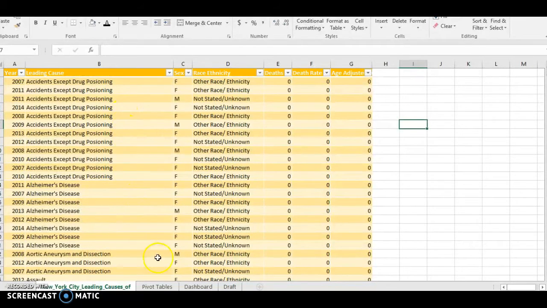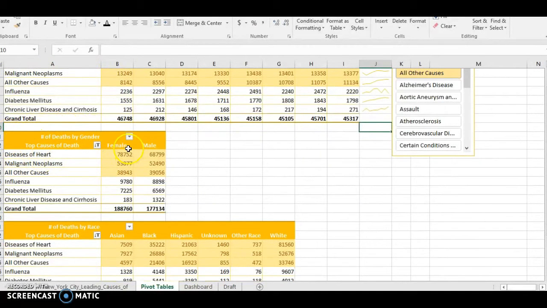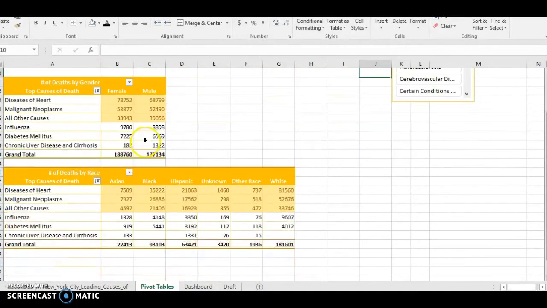So I first analyzed the data with pivot tables. I created three pivot tables to look at the overall number of deaths among different causes in terms of time, first one, gender, the second one, and race, the third one.